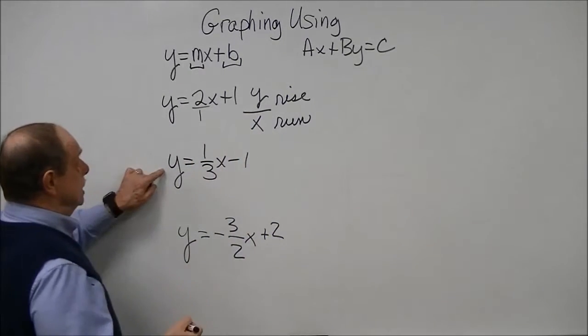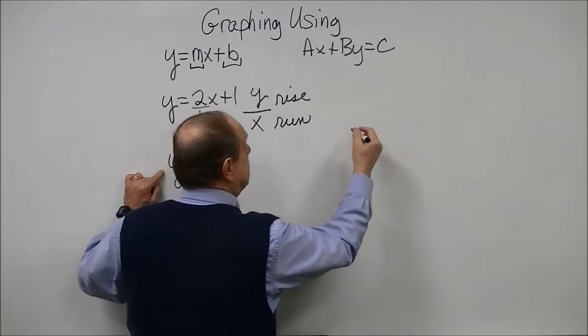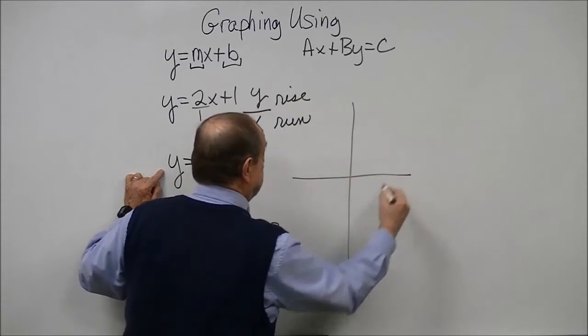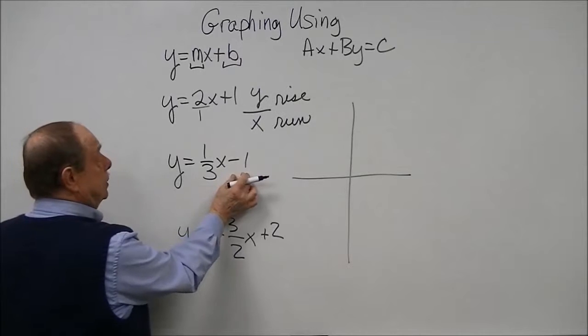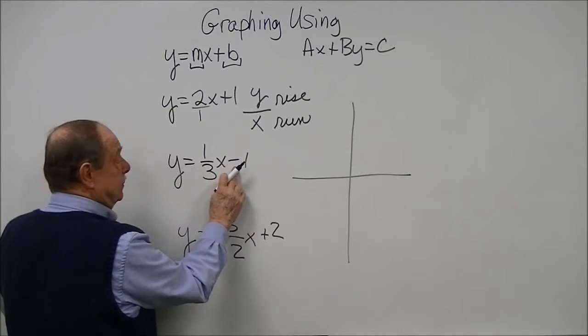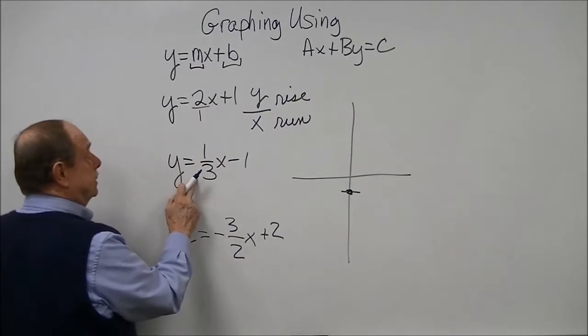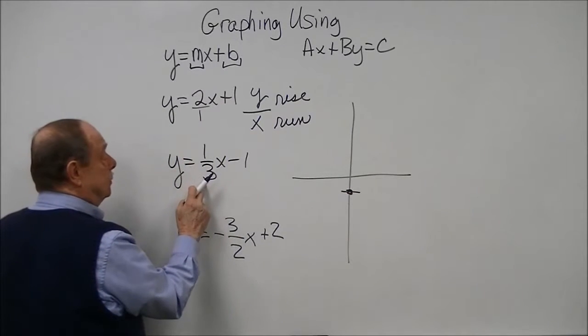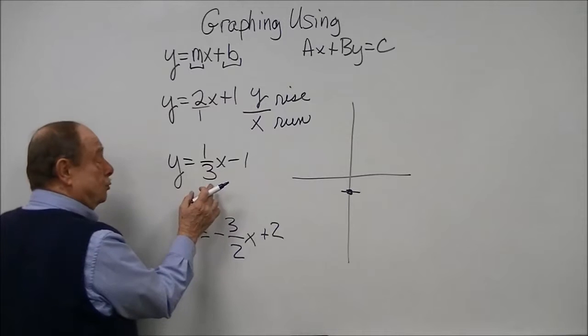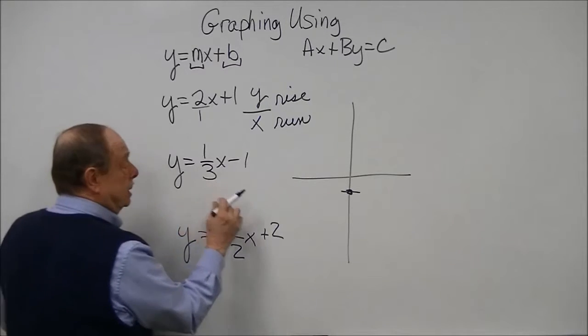Now for the second one, again, very same technique. You plot your y-intercept, which is a negative 1. Now your slope is 1 over 3. So your run now is 3.